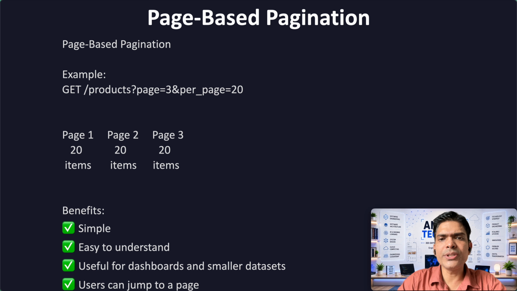It's commonly used in dashboards, admin applications, reports, and situations where users actually want to navigate between pages. But when the data set becomes very large or the underlying data changes frequently, we need to think about another approach.